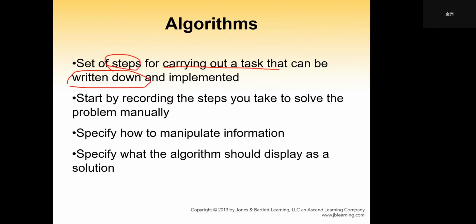Start by recording the steps you take to solve the problem manually, and specify how to manipulate the information. And you also need to specify what the algorithm should display as a solution. So these things need to be specified during the design process.